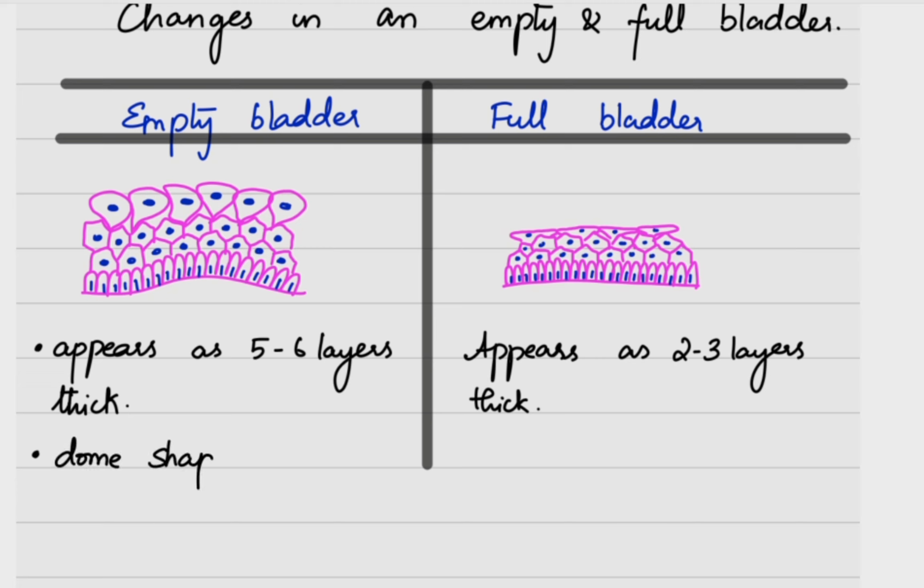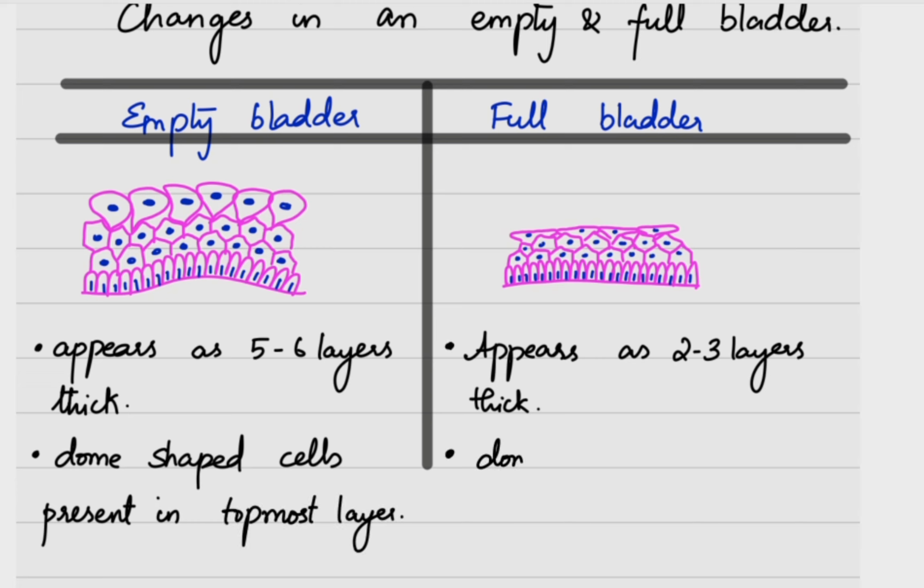You can very well appreciate the dome-shaped cells present in the topmost layer of the empty bladder, whereas in a full bladder, these dome-shaped cells get stretched and appear nearly flattened. This difference is very important for your exam.